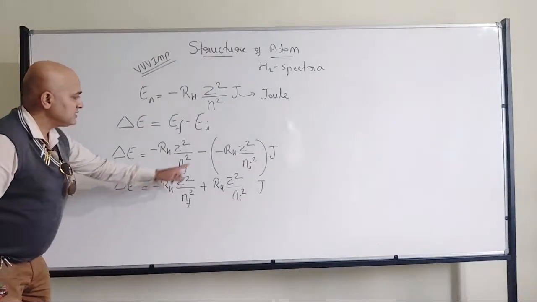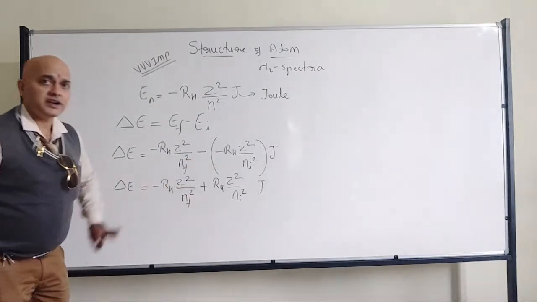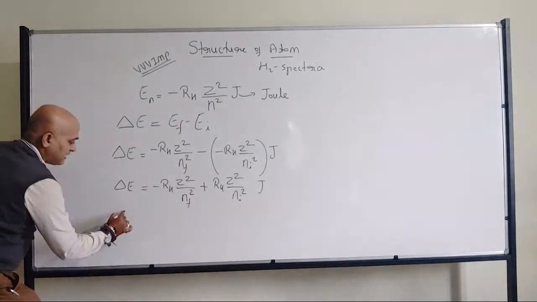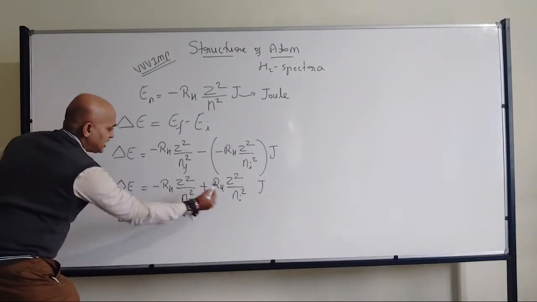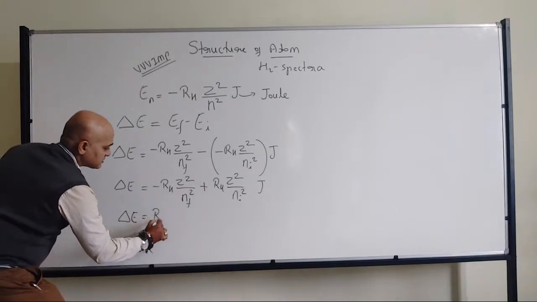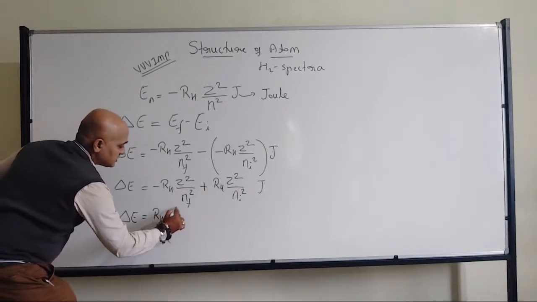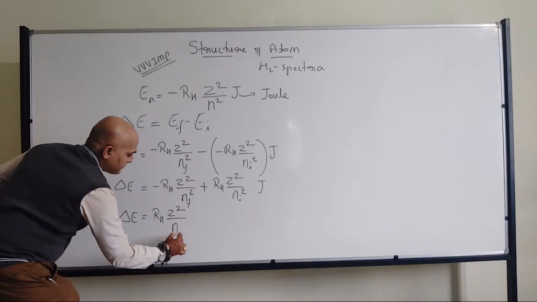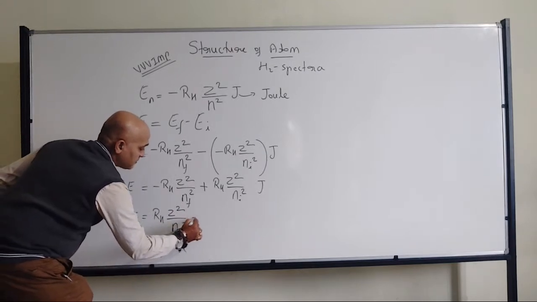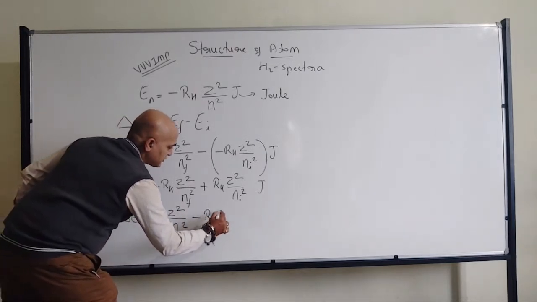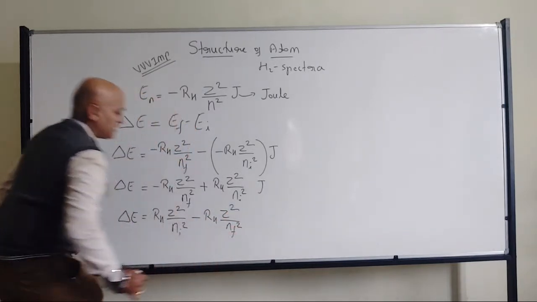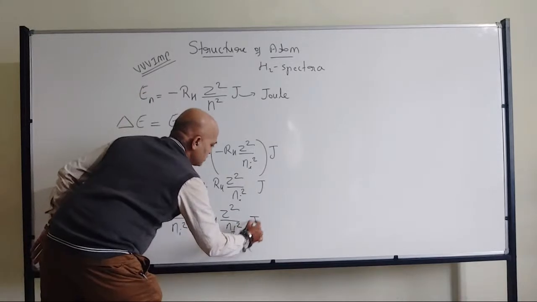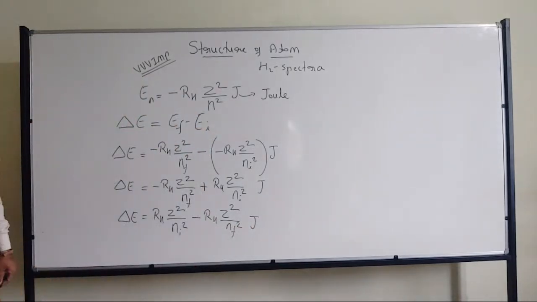Minus into minus becomes plus. So I rearrange the equation: the positive I take here, the negative on that side: R_H Z square divided by N_I square minus R_H Z square divided by N_F square. All of you will agree? The unit joule remains there.